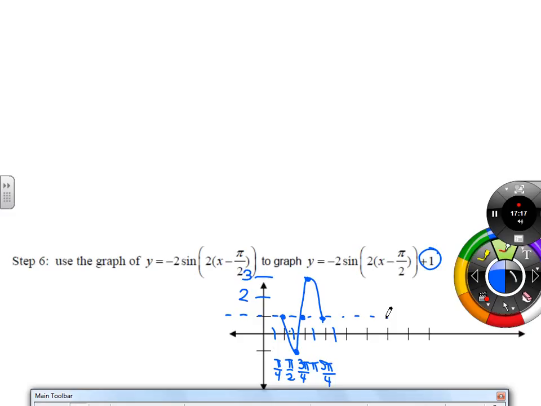So if I wanted to continue this pattern and show people what the graph looked like in both directions, I just know it goes 0, down to, back to that, up to, back to that. So here, and then it would go down to, back to here, up to, back to here, up to, back to here, and it would just follow the same pattern.